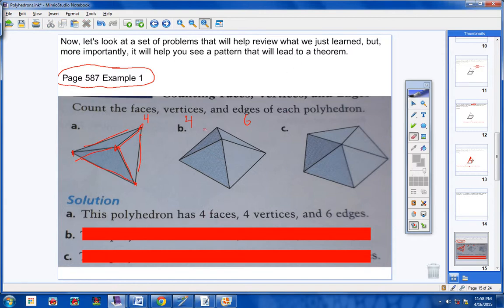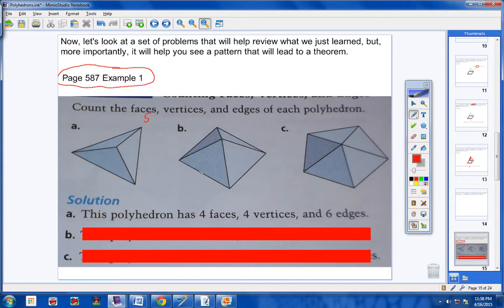Alright? Let's take a look at letter B. Let's first of all find the faces. We have a triangular face here, triangular face here, triangular face here, and a triangular face here. That's 4. But there's also a base that it's sitting on that you can't see, okay? That bottom side would be the 5th side. So I'm seeing 5 faces. Now let's find the vertices, okay?